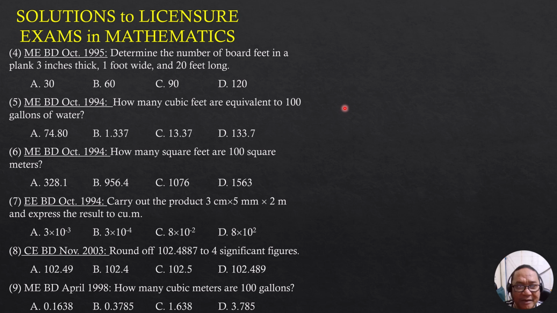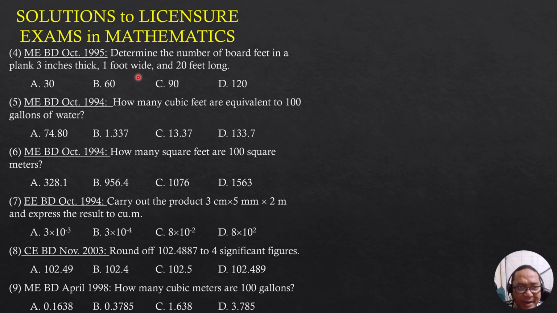But the other way of computing the number of board feet is you express two dimensions in inches, and the third one, normally the length, remains in feet. Then the entire product is divided by 12. So I'll present it here.